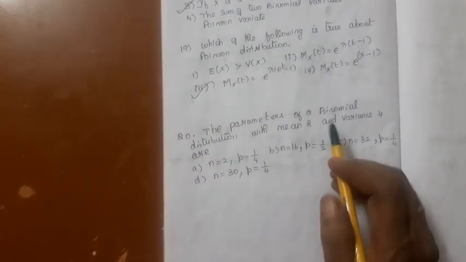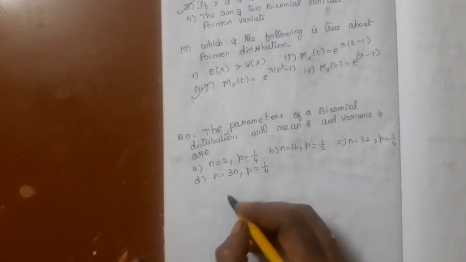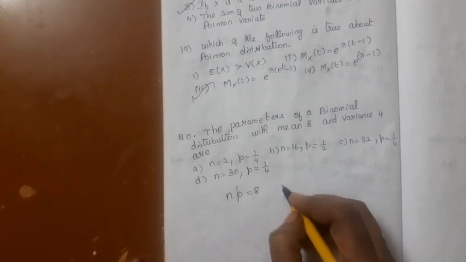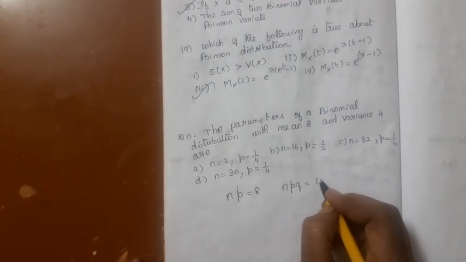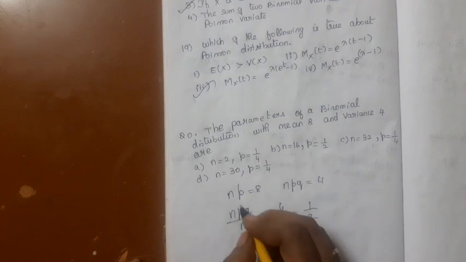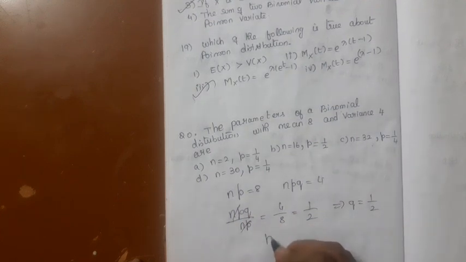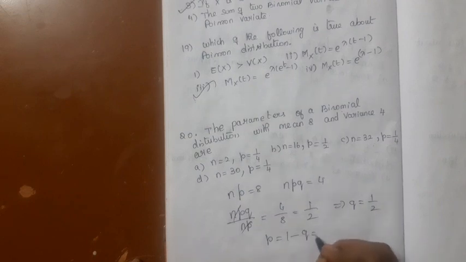Okay. The parameters of a binomial distribution with mean 8 and variance 4. Mean is 8 and variance is 4. So npq divided by np is 4 by 8, 1 by 2. That is q is equal to 1 by 2. Then what is p? 1 minus q. 1 minus 1 by 2 is 1 by 2.